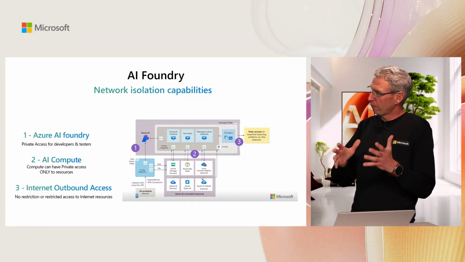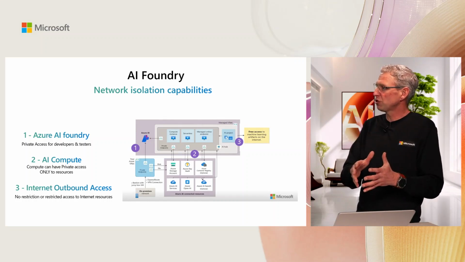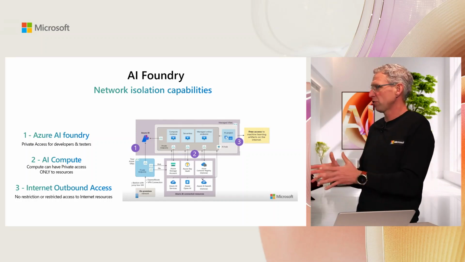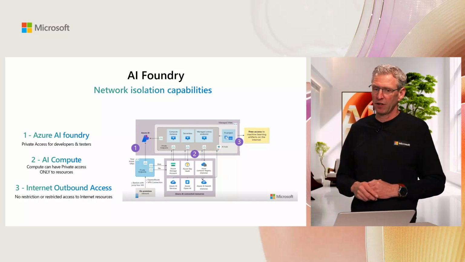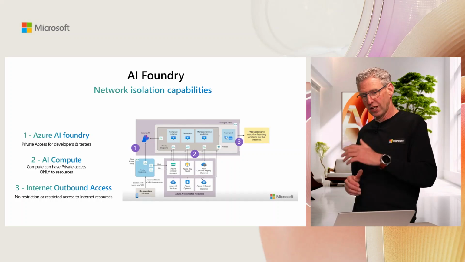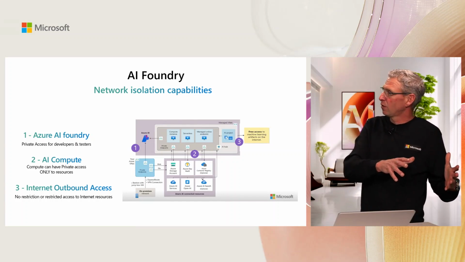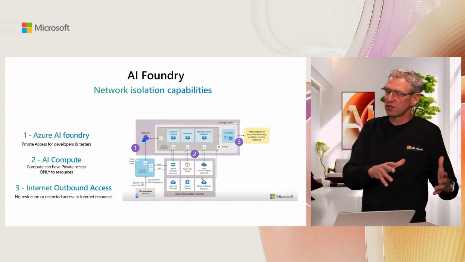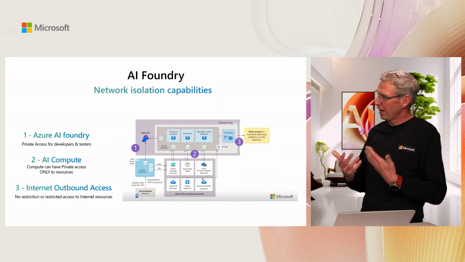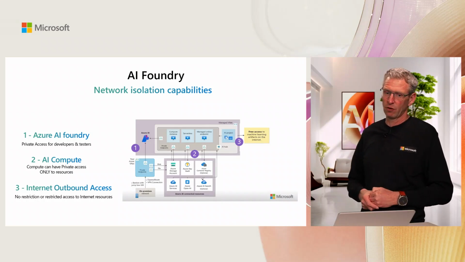Then in the hub configuration, you also say which models and which resources I can use as a project member in AI Foundry over a private connection. So if you look at number 2, you can privately connect to the compute or databases or services that you need in your AI Foundry project, and AI Foundry is handling that for you already.